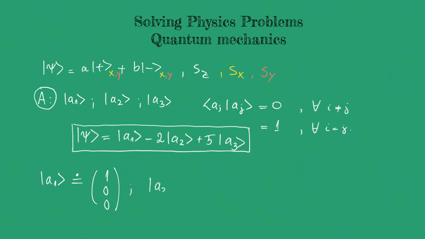For the ket A2, we could write this as 0, 1, 0, and the ket A3 we can represent by this matrix. As you can see, all these 3 matrices are normalized, and if we perform the inner product between one and the other, we will satisfy these relationships written here.